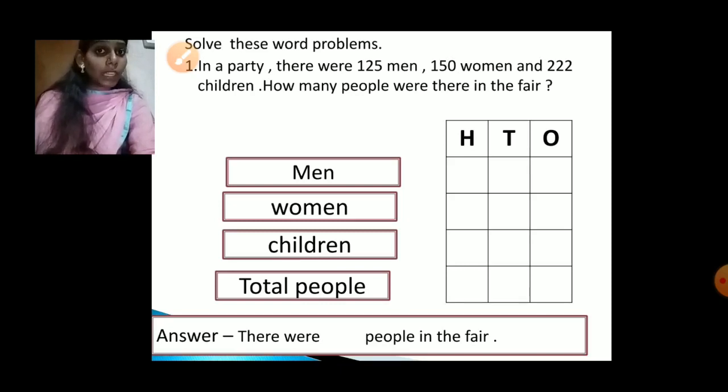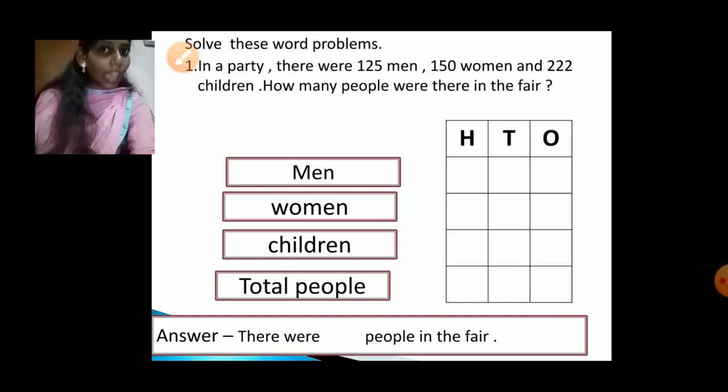How many people were there in the fair? You have to find out the total number of people. And when we have to find out the total number of people, what will we do?